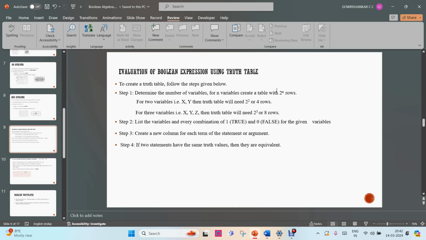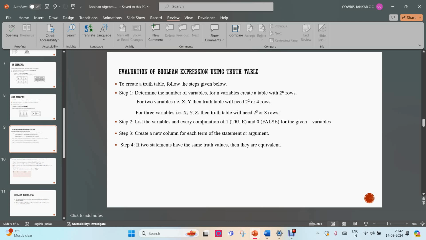We use the formula 2 to the power of n. If there are 2 variables, the truth table needs 2 to the power of 2, which is 4 rows. If we have 3 variables, it is 2 to the power of 3, which must be 8 rows.